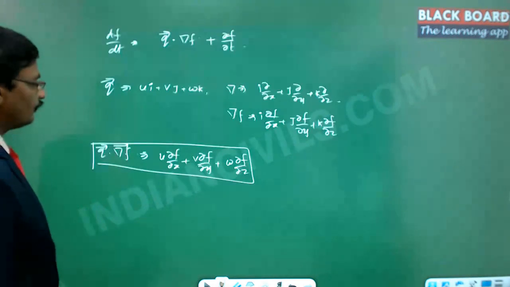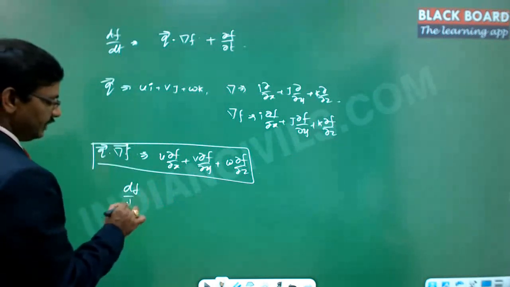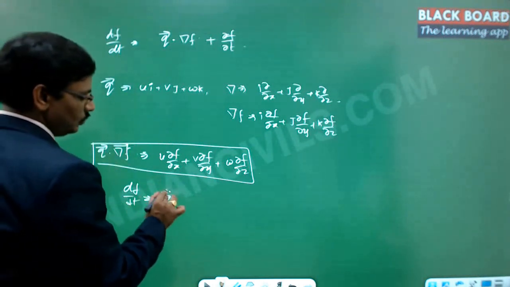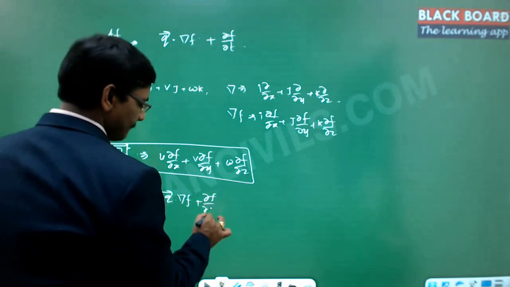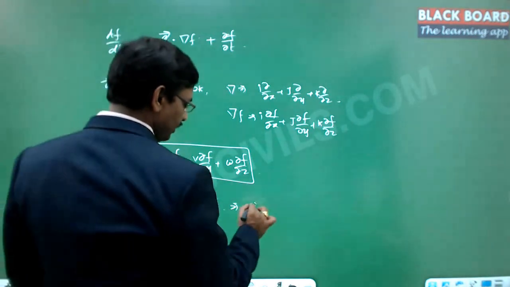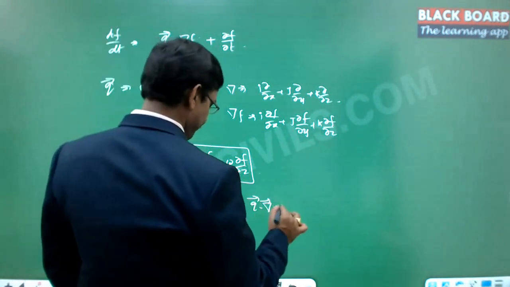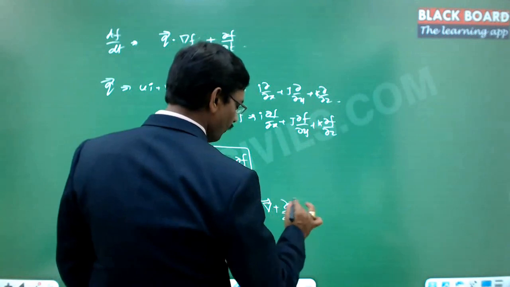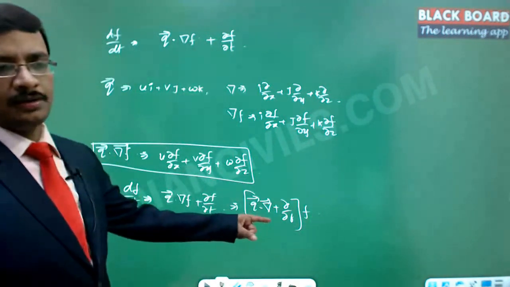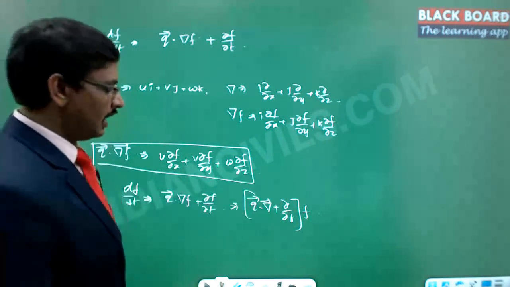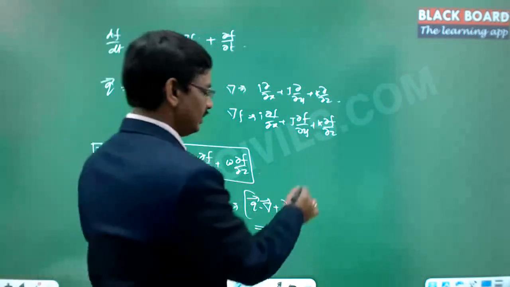Now if you notice this, if you replace it, df by dt can be expressed as q dot del f plus dou f by dou t, or this can even be written as q dot del plus dou by dou t of f. And this portion is called the material derivative.